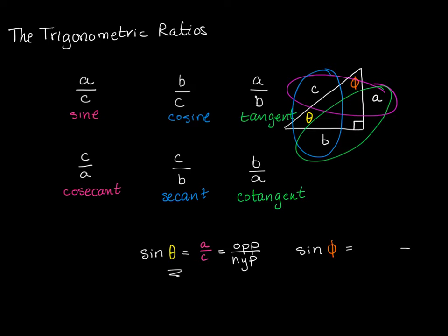And to apply this to the sine of phi, we would have to find the side opposite phi and put that over the hypotenuse. Well, in that case, the side opposite phi is B, and the hypotenuse is still C.